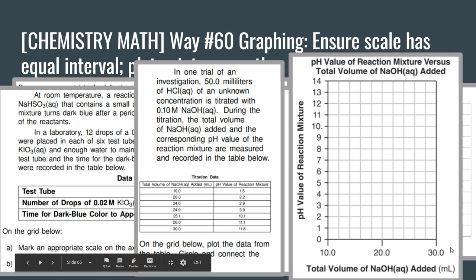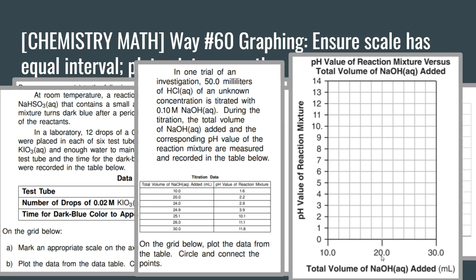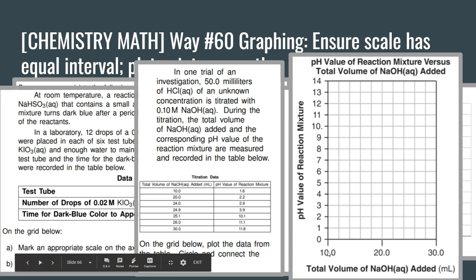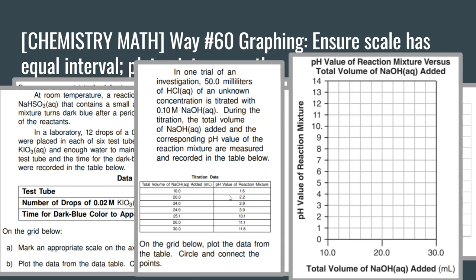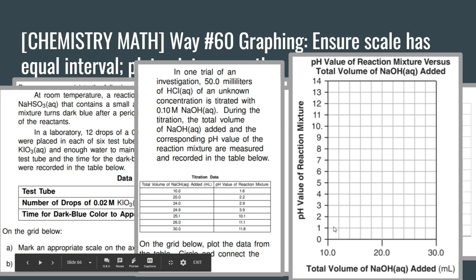But please note that sometimes neither the data points for the x-axis nor a scale is given for the y-axis. So sometimes you will have to do this on your own. You should be able to comfortably come up with an appropriate scale that accommodates the data points given in your chart. You'll see that at a volume of 10 milliliters, that corresponds to a pH of 1.6.